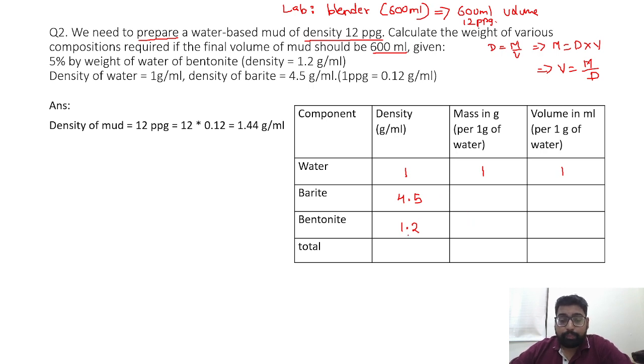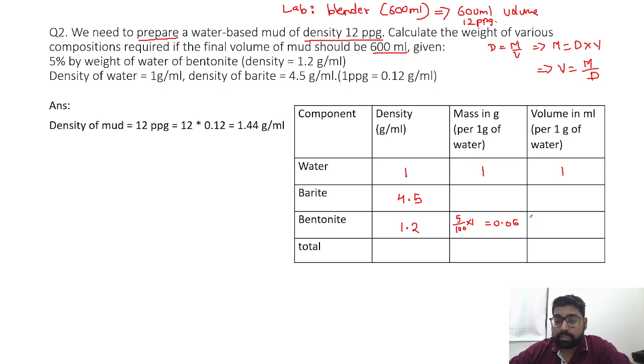Next, bentonite is given as 5% by weight of water. So basically, 5% is 5 upon 100 into 1, which is equal to 0.05. Now let's calculate volume. The volume formula is mass upon density.